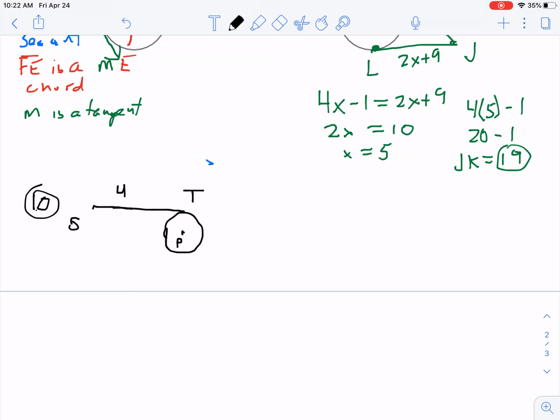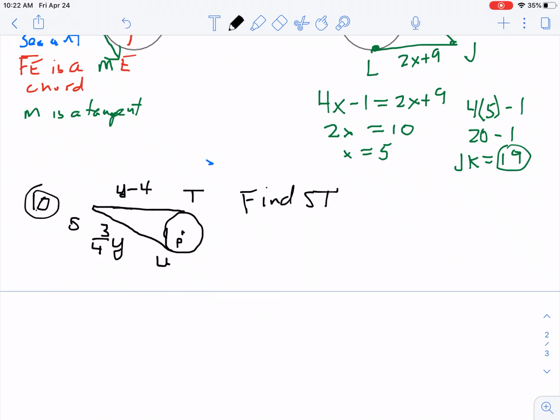That's a y minus 4. And then it draws a tangent over this way, and that goes to U, and that is 3/4 y. Involves a fraction. And so this one asks us to find ST.